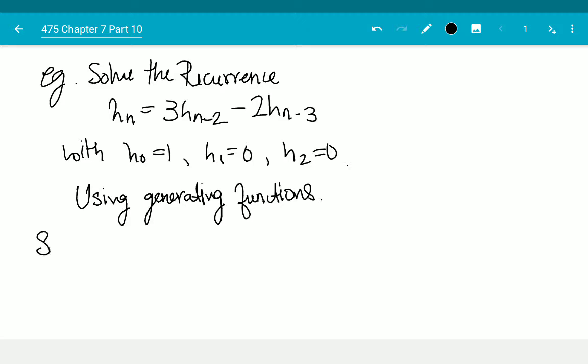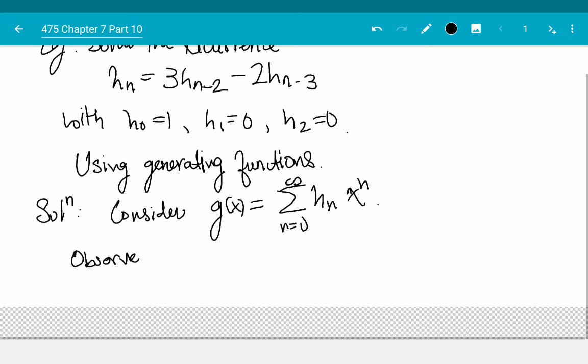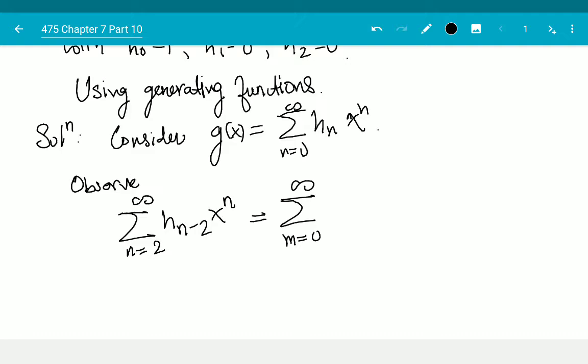So, solution: consider the generating function g of x is equal to summation n equals 0 to infinity h of n x to the n. Then observe, summation n equals 2 to infinity h of n minus 2 x to the n is simply a summation, let me say m equals 0 to infinity h of m x to the m plus 2.